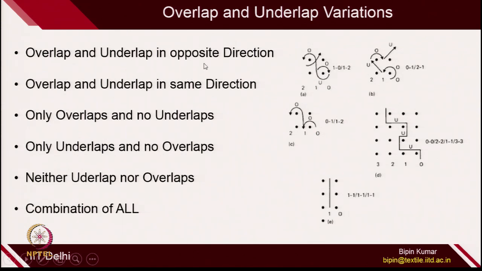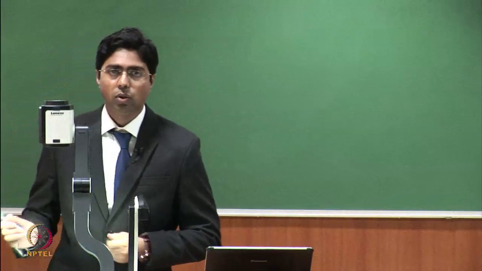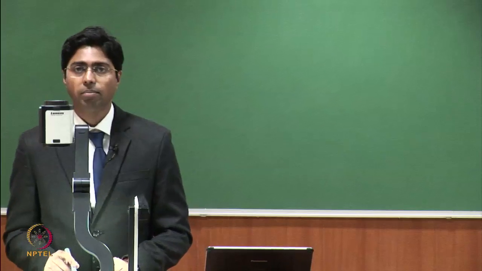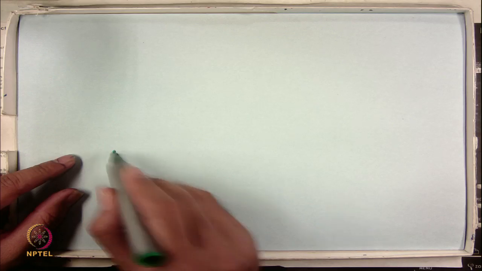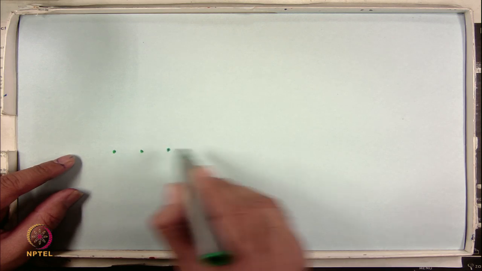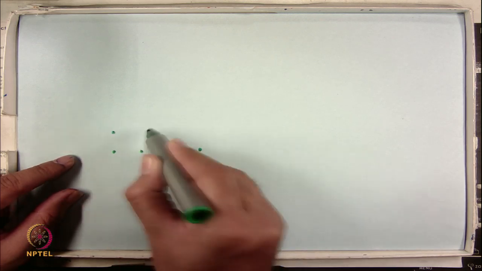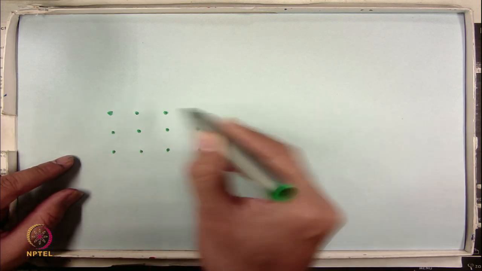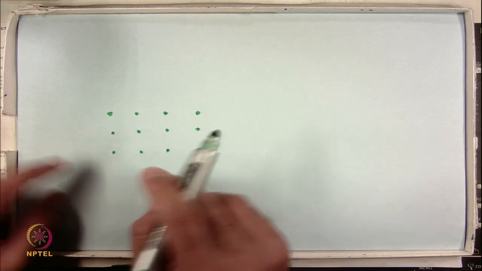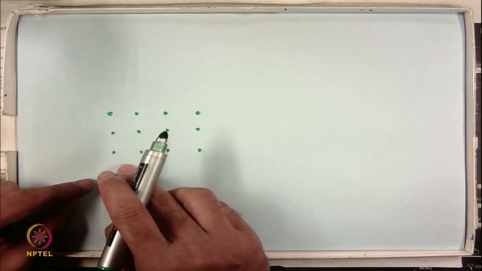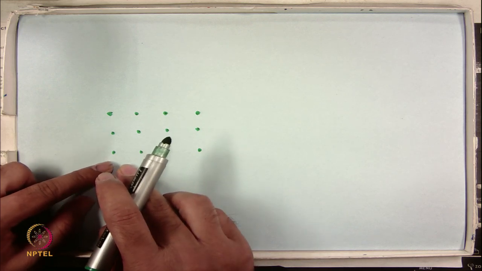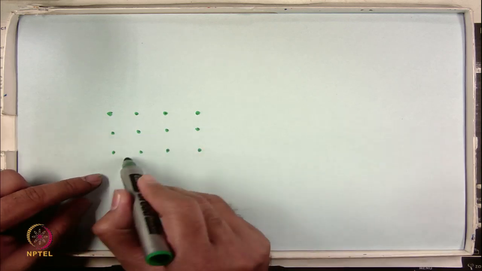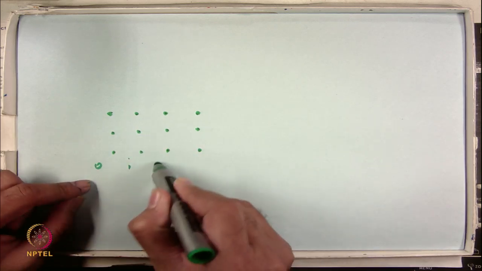So, overlap and underlap in opposite directions. What does this indicate? Here, for each guide, if it has to give overlap and underlap in opposite direction, then the motion of shogging should be opposite. For example, let us suppose you see this example 0, 1, 2, 3.